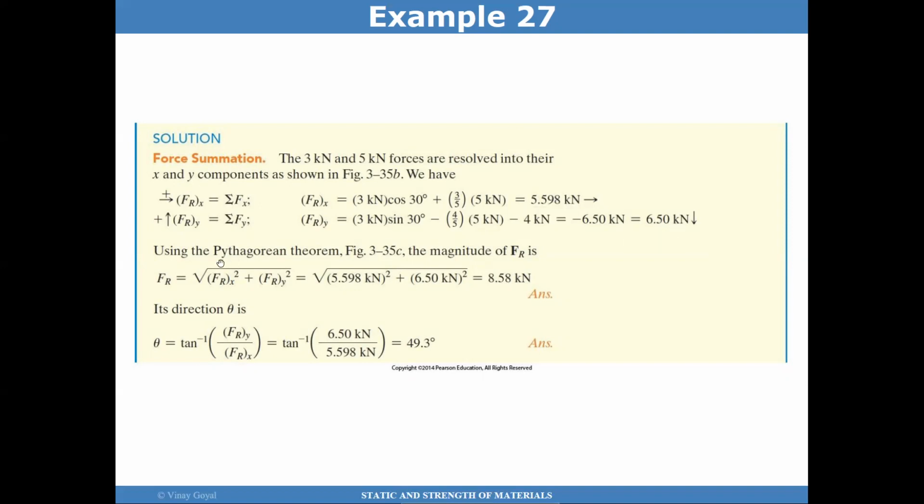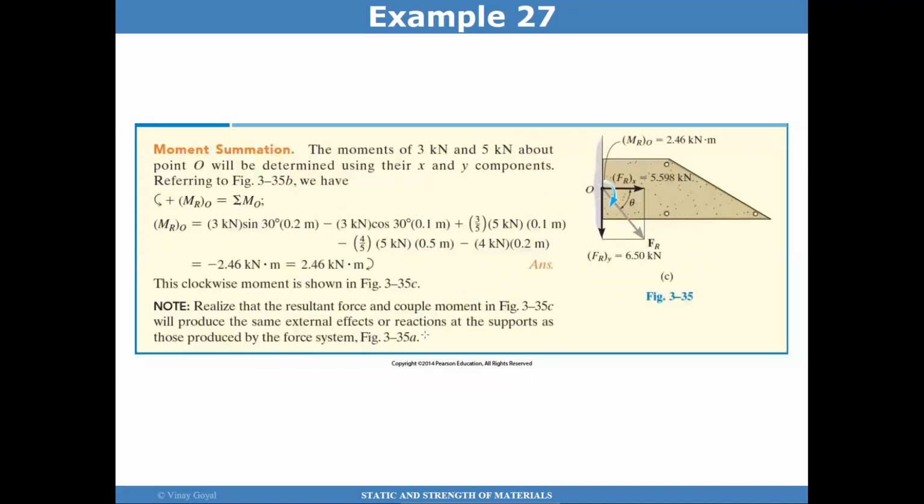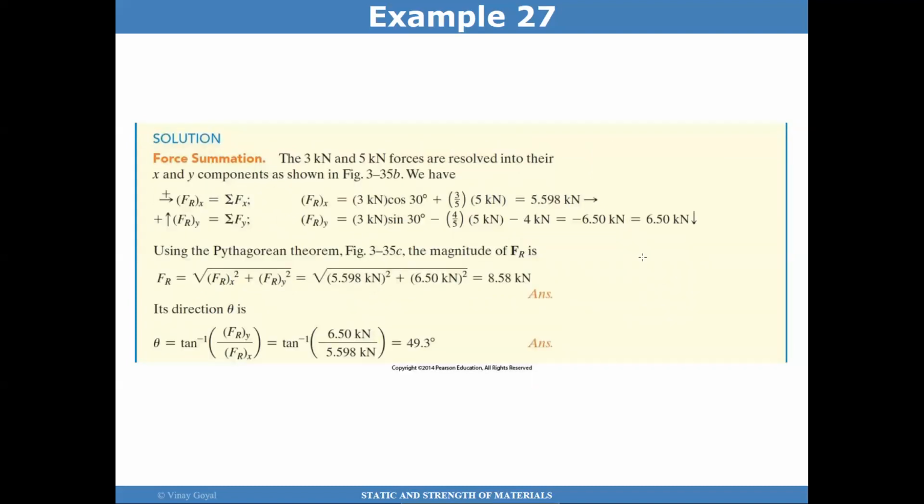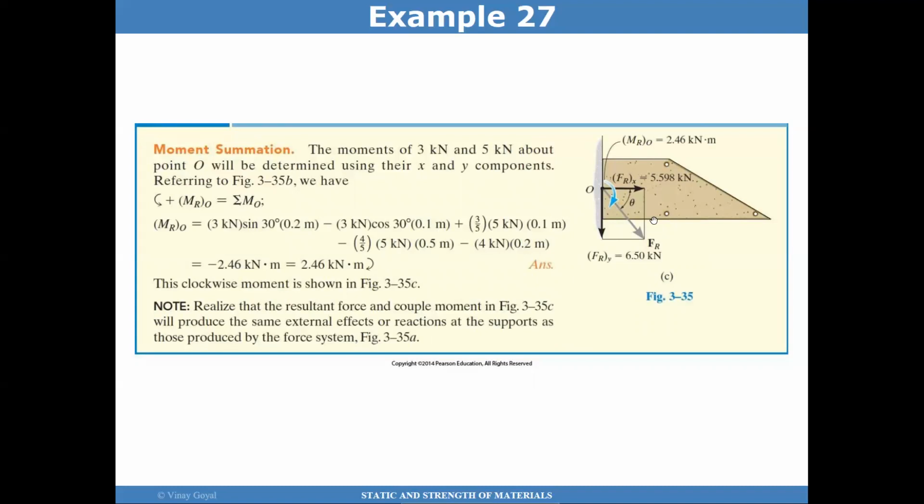We can calculate the magnitude by taking the square root of FRx squared plus FRy squared. Once I get the magnitude, I can also get the angle at which the resultant is acting. And here you can see that we found the resultant, which was 8.58. This will be 8.58 at an angle of 49 degrees.